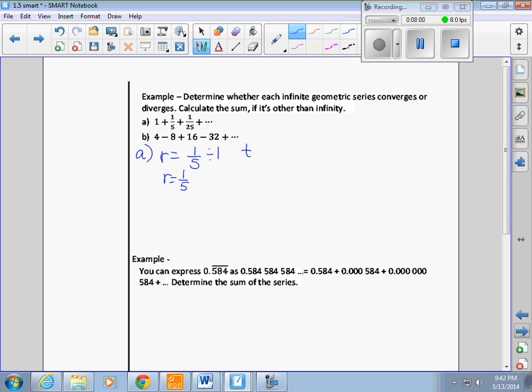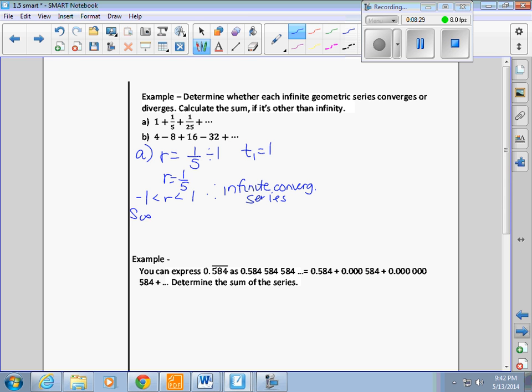My term 1 is equal to 1. So if my ratio is 1/5, that means that it's in between -1 and 1. So this is an infinite convergent series. So since it's an infinite convergent series, I can find the sum of this.